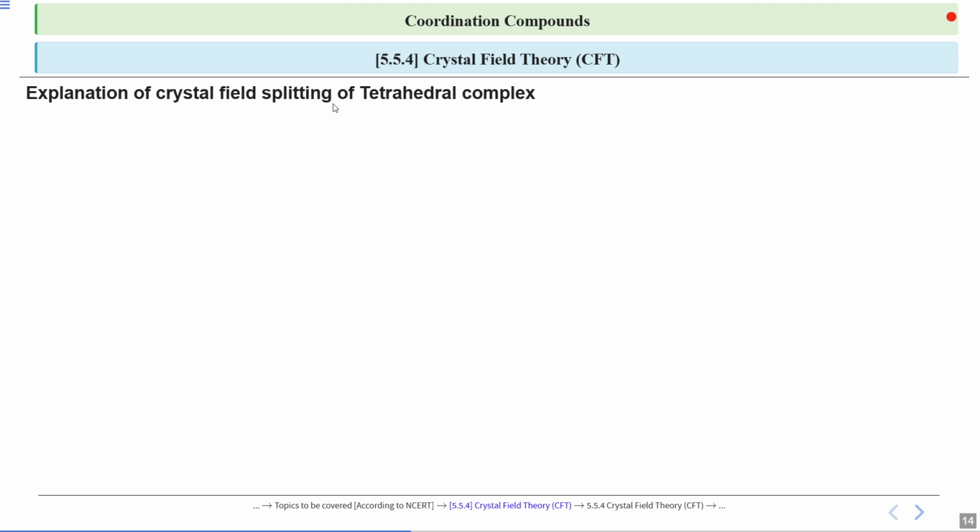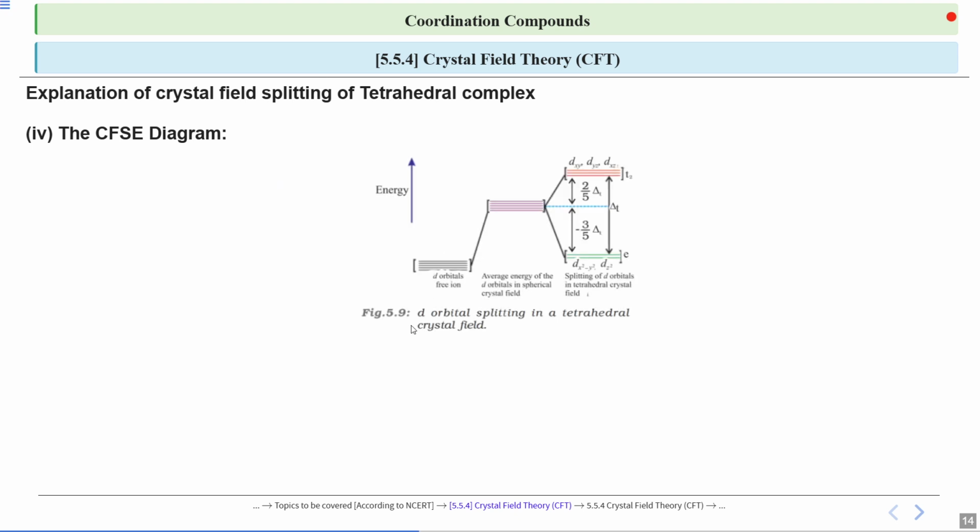Explanation of crystal field splitting of a tetrahedral complex. Let's see the crystal field splitting energy diagram. This is the d orbital splitting in a tetrahedral crystal field. The d orbitals of the free ion are degenerate, having the same energy.